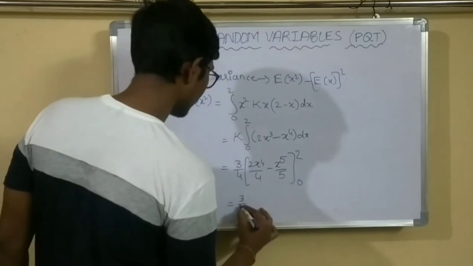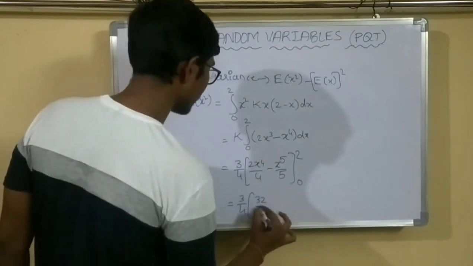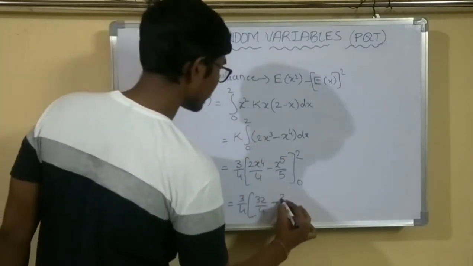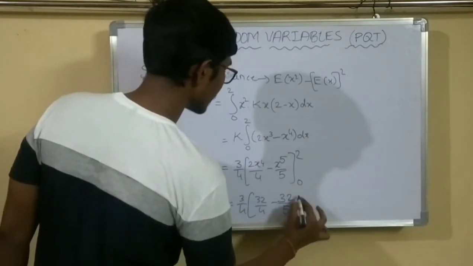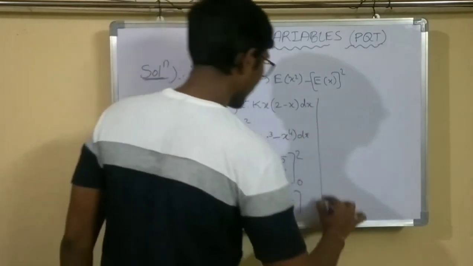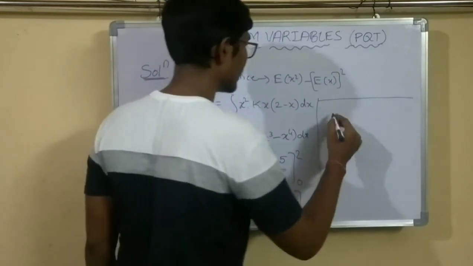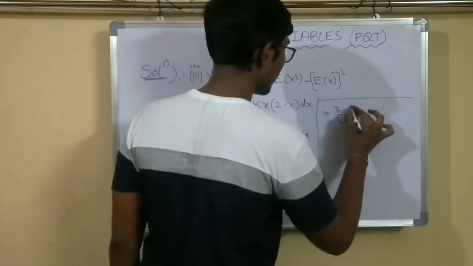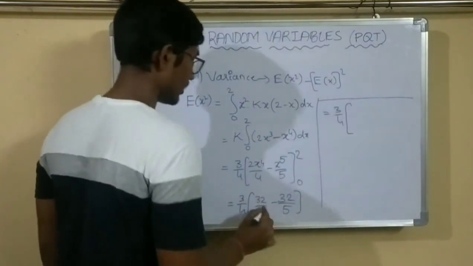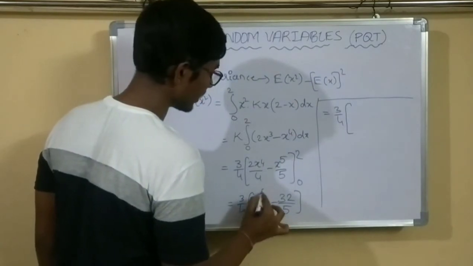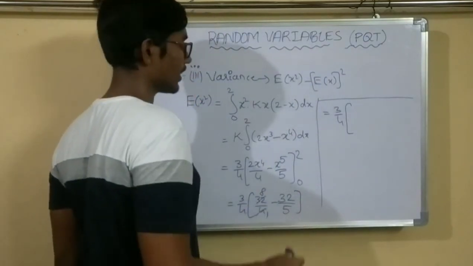So 3 by 4 into 32 by 4 minus x power 5 is 32, so 32 by 5, right? If I simplify this, what will we get? It is 3 by 4 into, here 4 ones are 4, 4 eights are 32, so 8 minus 32 by 5.